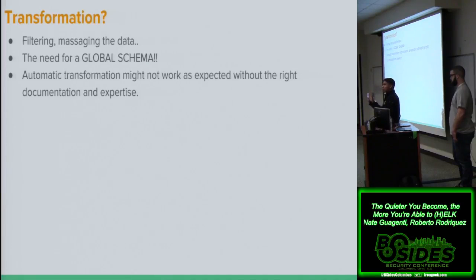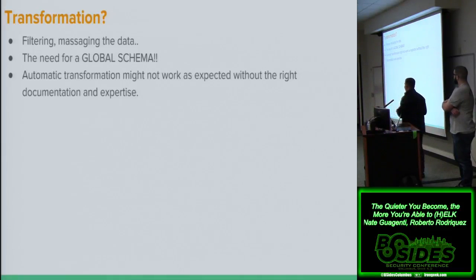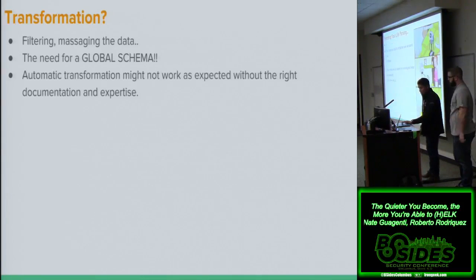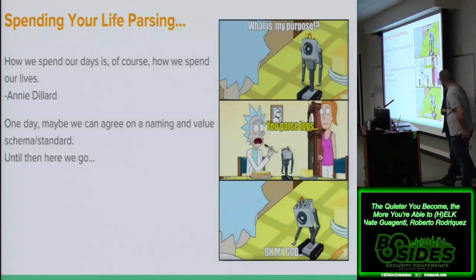So across two logs, the definitions of username are different, but those two values are in the same field. So when you as an analyst try to look for a username, you get information that is not what you need in the middle of an investigation. That's exactly what is going on, and hopefully today you can see a couple of examples. Global schema is what we're going to try to push today.